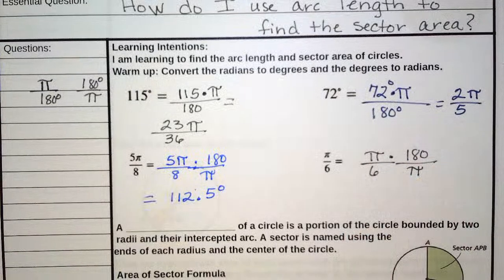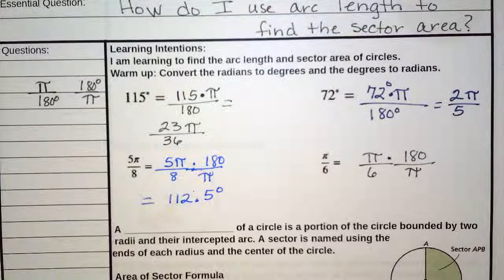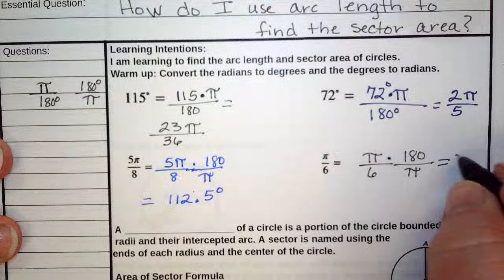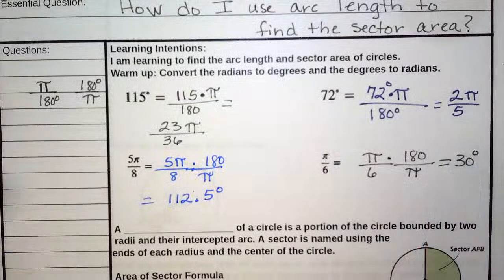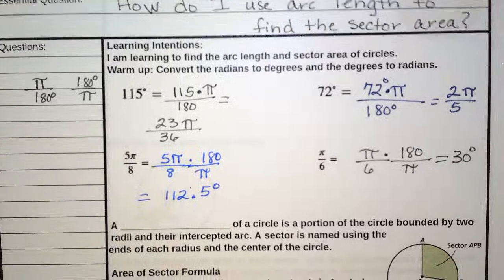So it will be 180 divided by 6. What is 180 divided by 6? 30. So this will be equal to 30 degrees. 18 divided by 6 is 3, so you have to do that 0 at the end to make it 30.